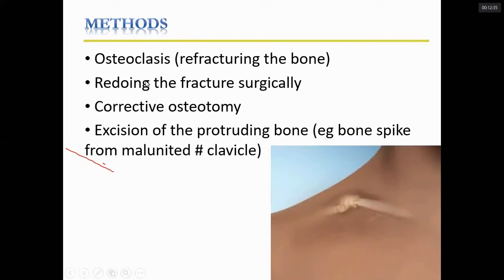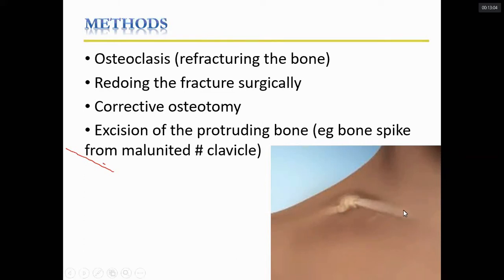The difference between 2 and 3 is that in 2 the fracture has not united, so you are creating the same fracture line that had occurred. In corrective osteotomy, you cut the bone, so it may be at the fracture site, it may be away from the fracture site. Why may it be away from the fracture site? Because the fracture has already united, so there is no point opening the fracture again. So osteotomy can be done at a point far from the fracture site.